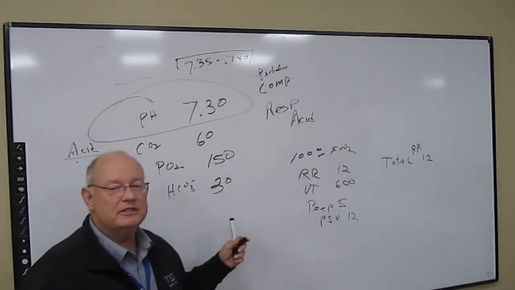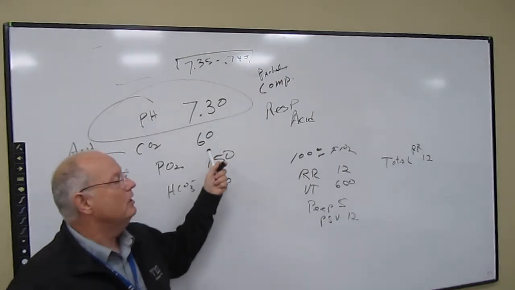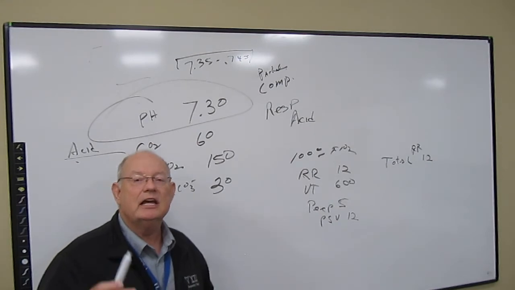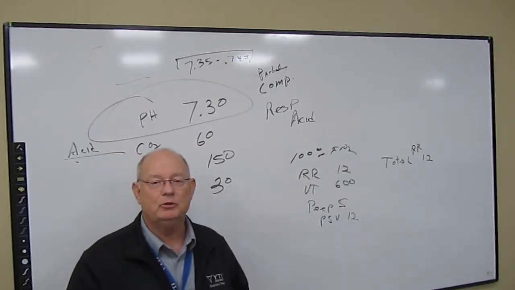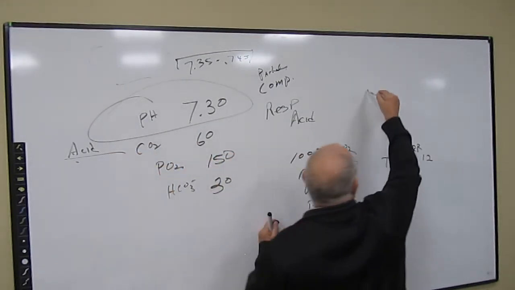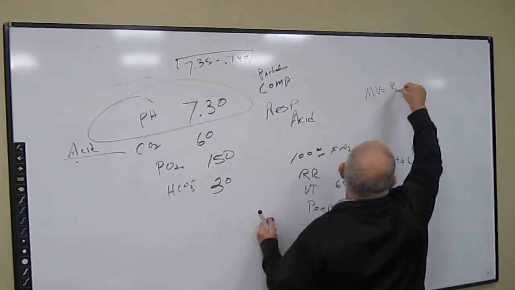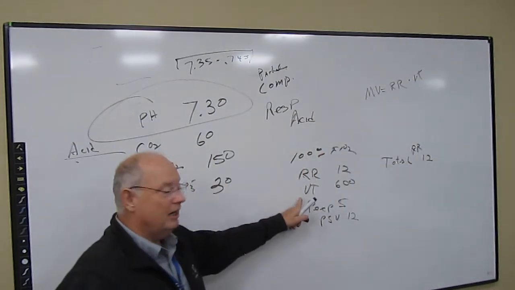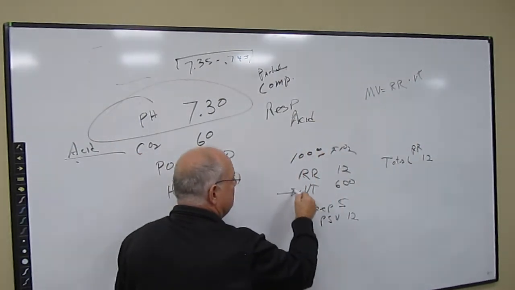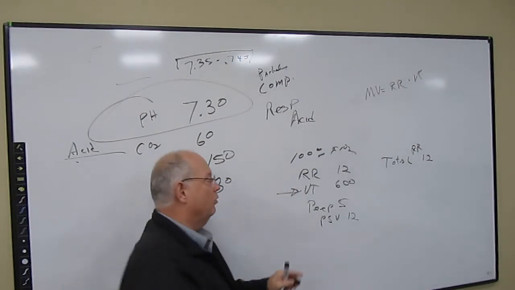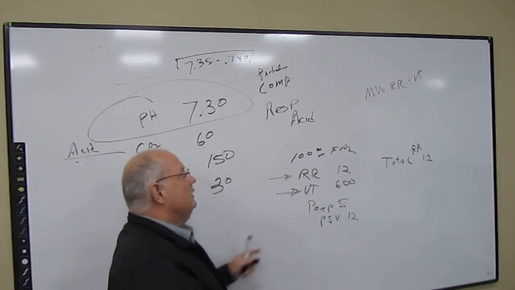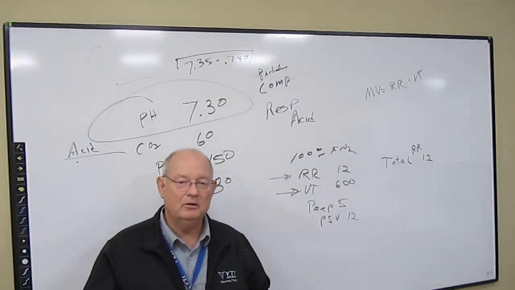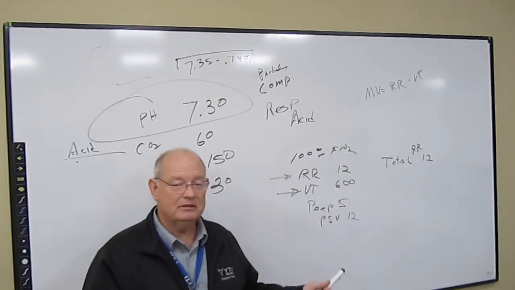How can we get rid of some of this CO2? Well, we've got to increase his minute ventilation. Minute ventilation is a formula. Minute ventilation equals respiratory rate times tidal volume. We've got a tidal volume of 600, and we've got a respiratory rate of 12. 12 is a normal respiration. 600 might be normal, it might be a little high, it might be a little low.